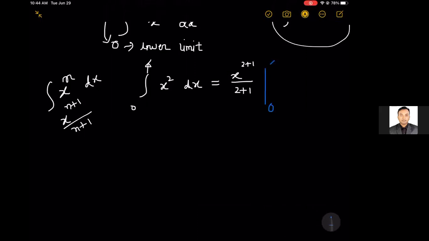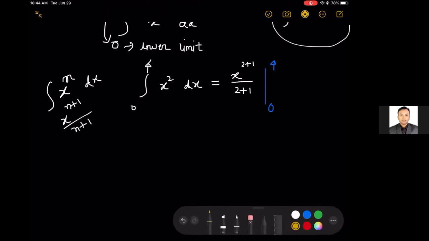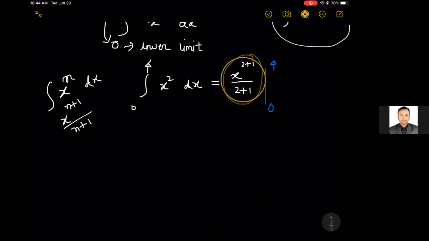within this interval. We'll be using this sign. This means whatever you have here as the antiderivative, you need to evaluate that antiderivative at these points.